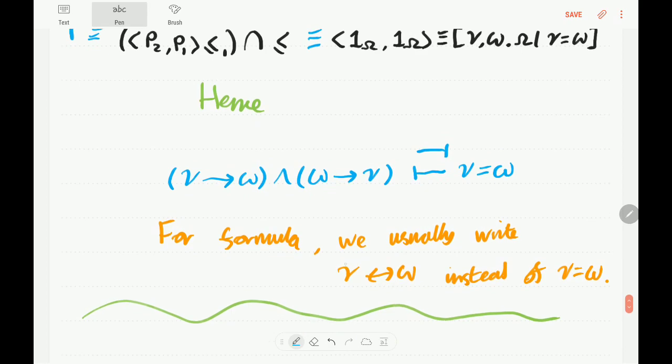And we normally write V left-right arrow W instead of V equals W when we're talking about formulas.